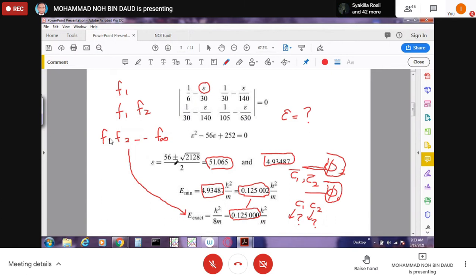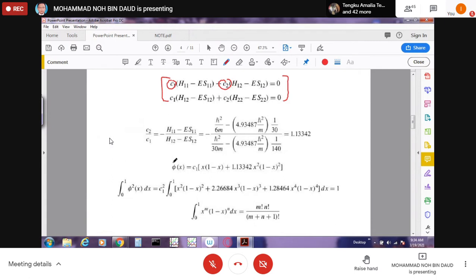So now we have this energy. We know the secular determinant is the solution of this 2 by 2, these two simultaneous equations here.